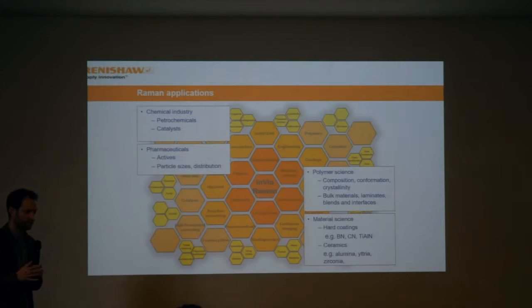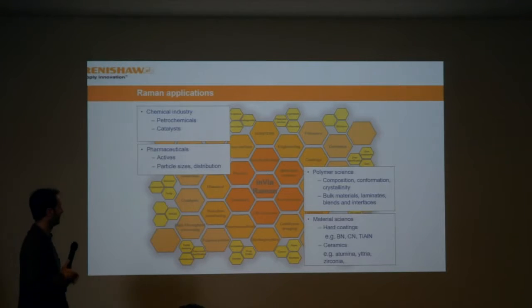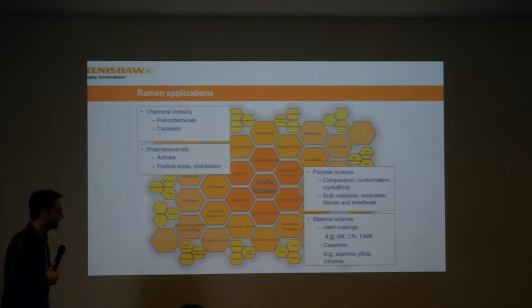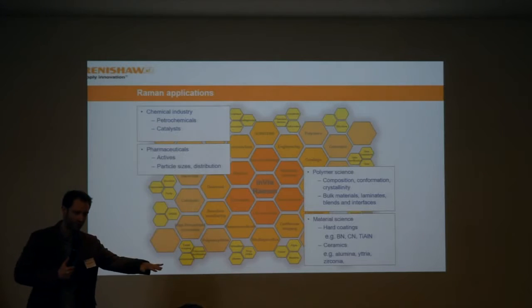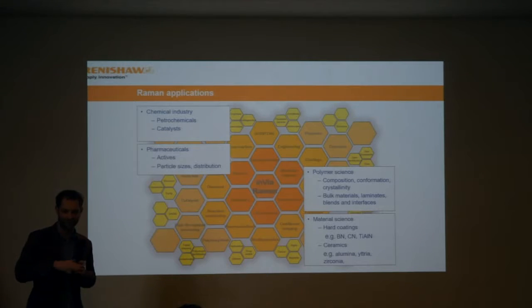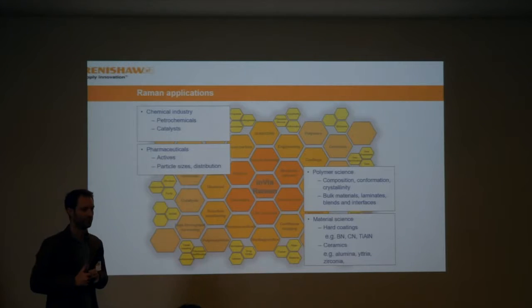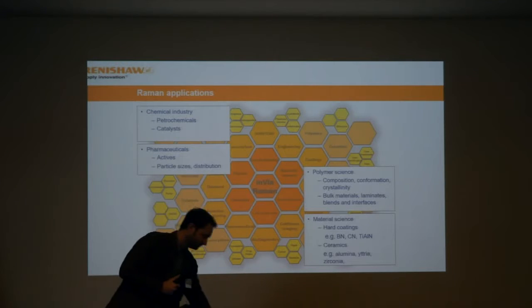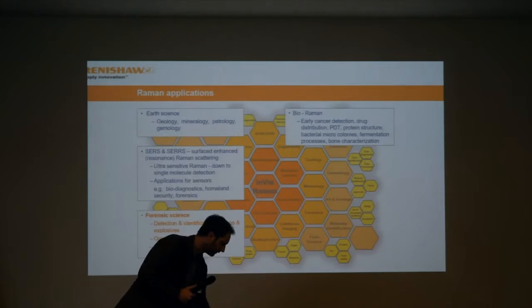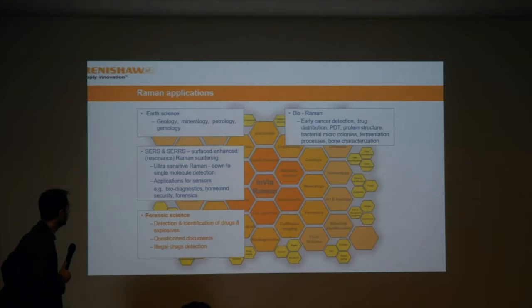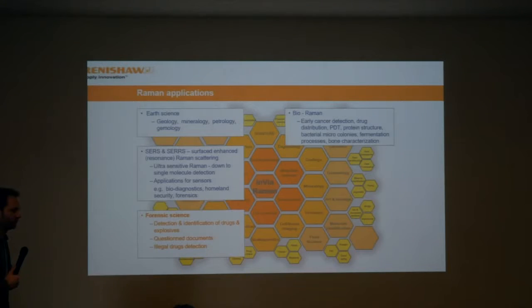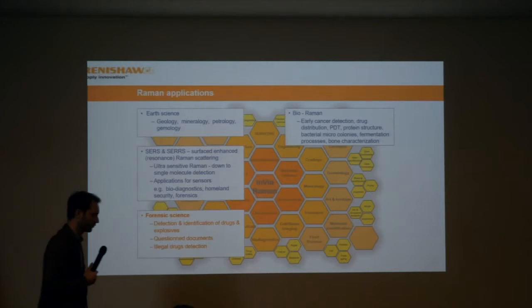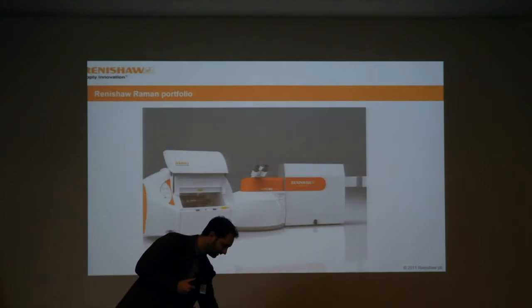Pharmaceuticals, which also interest us in a way for forensics, because in pharmaceuticals they do a Raman mapping of a tablet, for example, for quality control. They want an even distribution of the active substances, and they can check that with Raman. I'll go through some examples about forensics, but also Earth science, Bio-Raman for tissue imaging, and forensic science, which I'm going to go through in a minute.